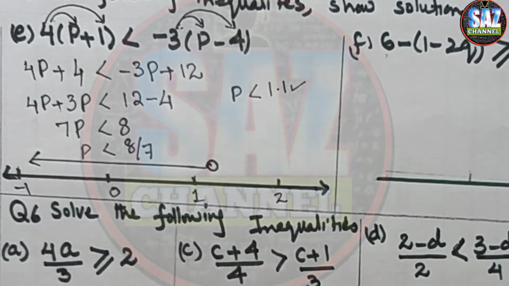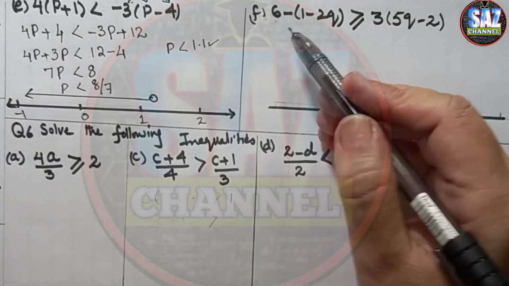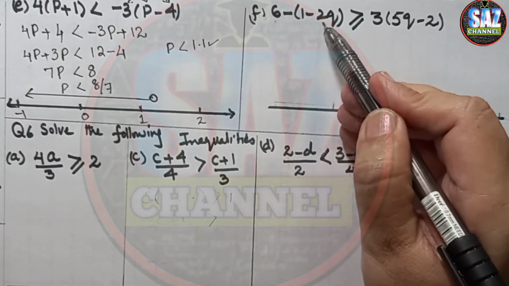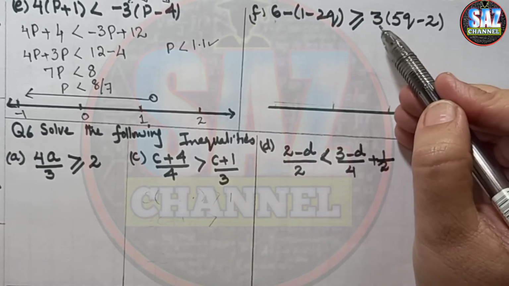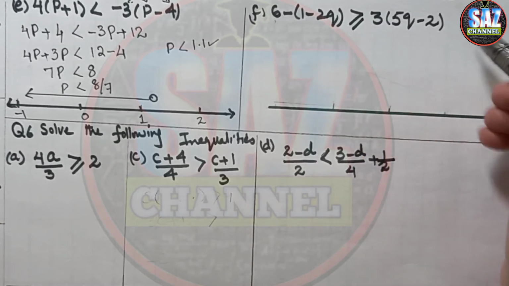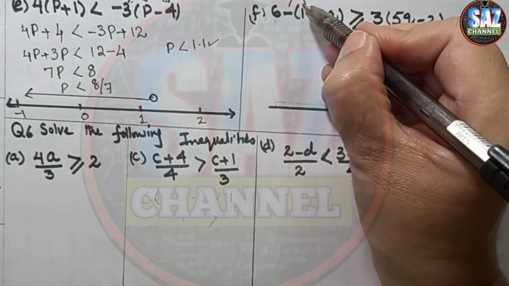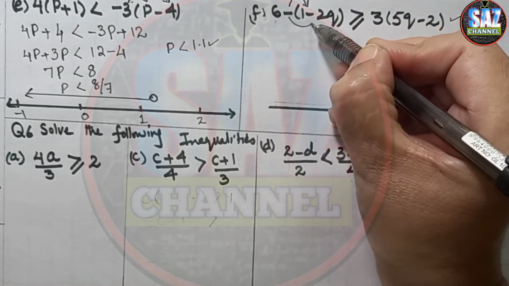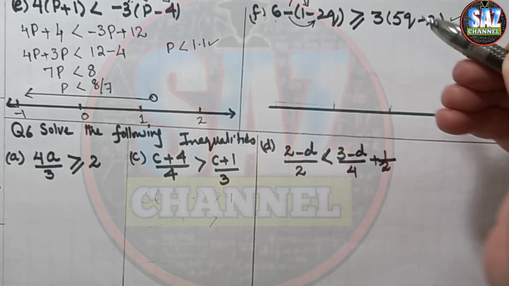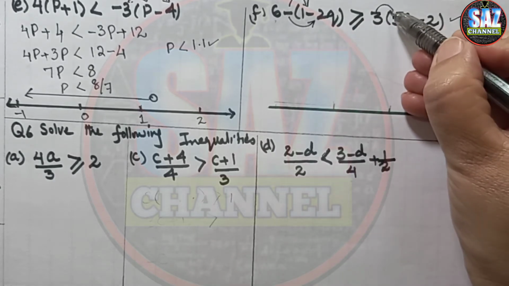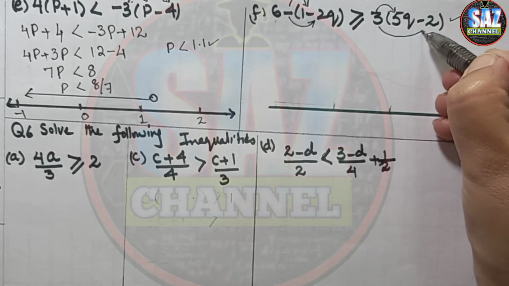Let's move to the next question, that is 6 - (1 - 2q) ≥ 3(5q - 2). Apply the distributive property, that is, apply this sign on every term inside the bracket, and here again we have to apply the distributive property.